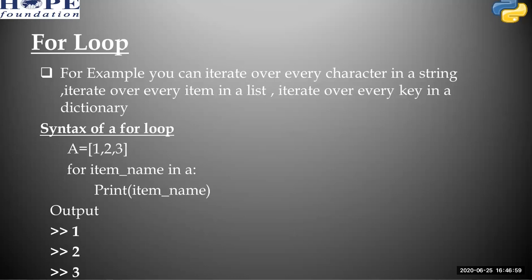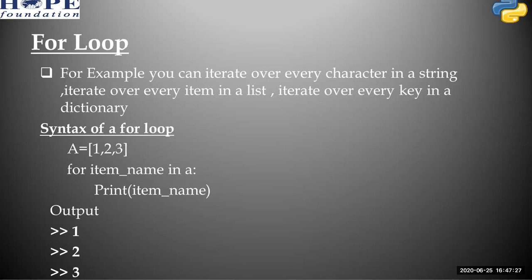In for item name, you can pass any temporary variable. For item in a, we have three elements. You can also call them items and objects. So we have three objects here, and the for loop runs three times.